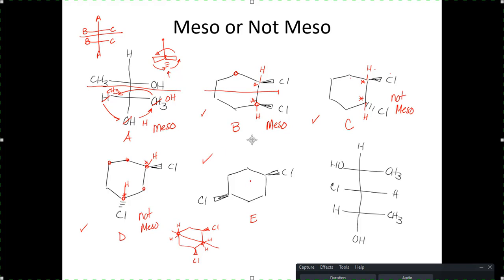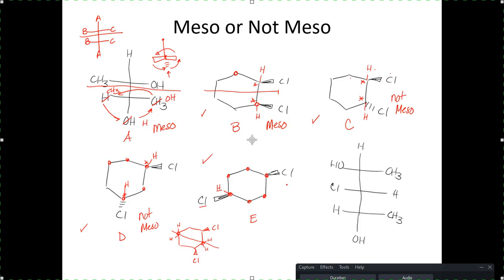Okay, what's the trick in this question? Number 1, is this a chiral center? Just because it has a bold wedge doesn't make it a chiral center. Hydrogen and chlorine are different. CH2 versus CH2, we have to go on.